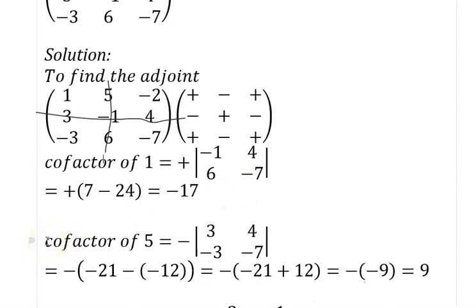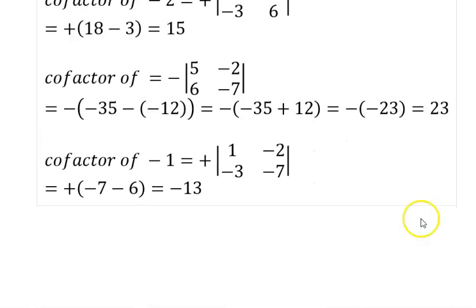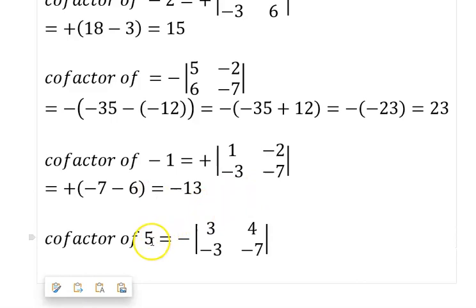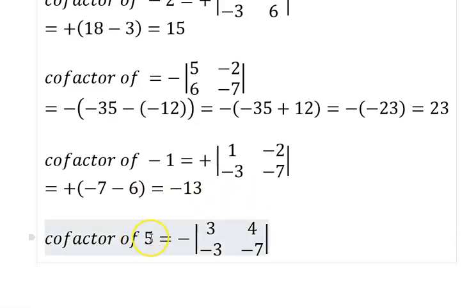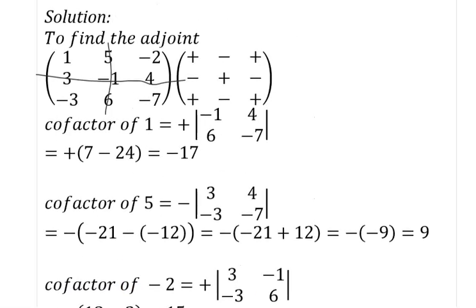Cofactor of 4, the corresponding sign is minus. Let's use this as a template. So what do we have left?